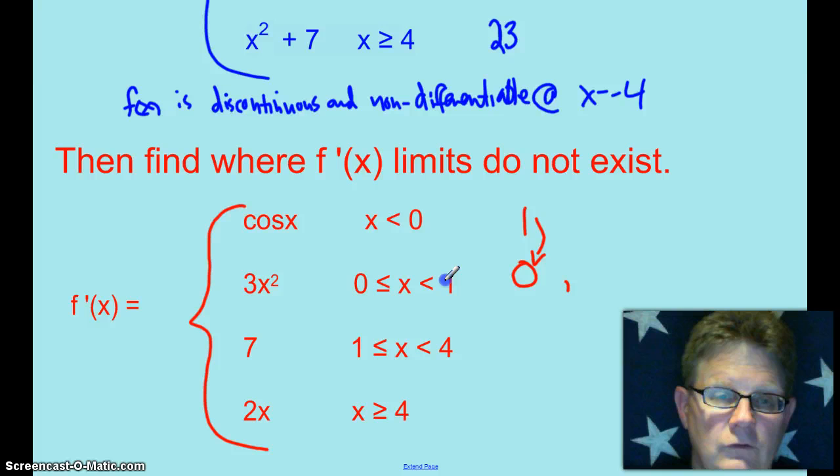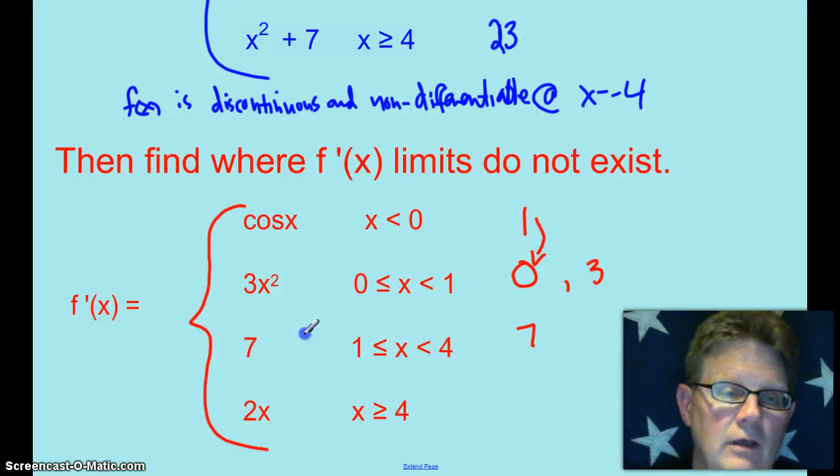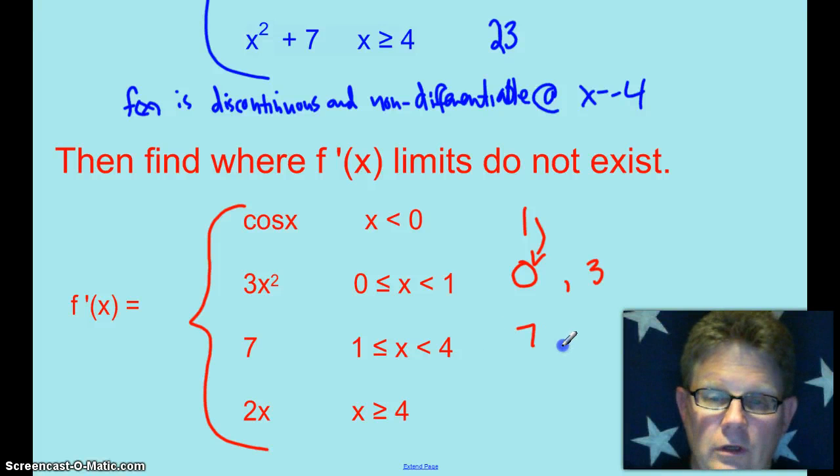Okay, what is the value of 3x squared as x approaches 1? 3. What is the value of 7 as x approaches 1? 7. What is the value of 7 as x approaches 4? 7. Hey, wait a minute. We already know that it's non-differentiable here. We didn't need to check that. But we're going to see that it's non-differentiable at x equals 0.